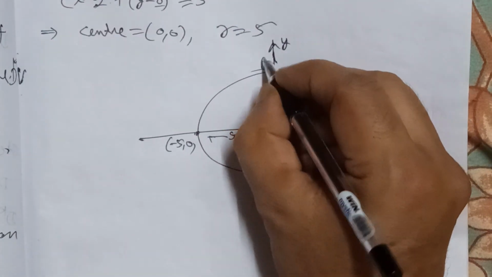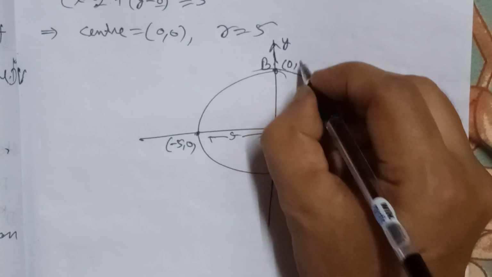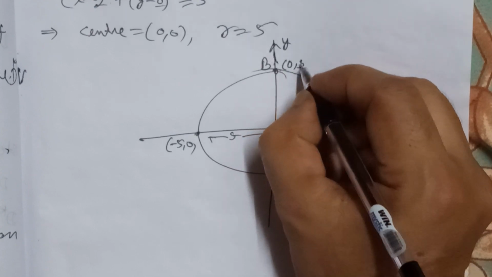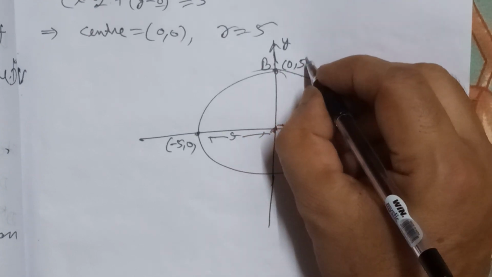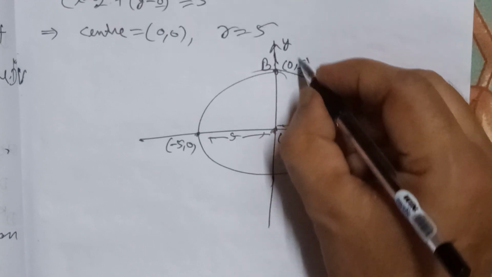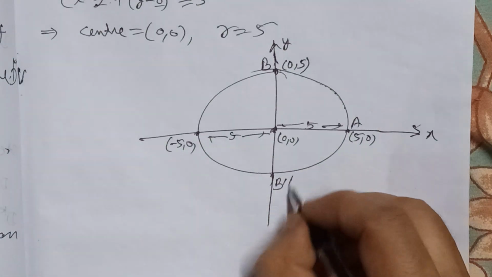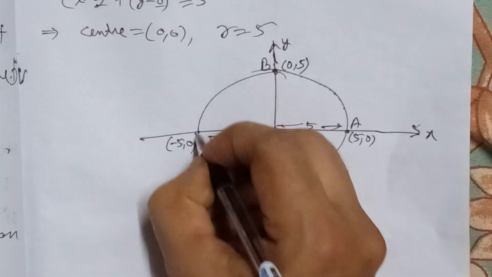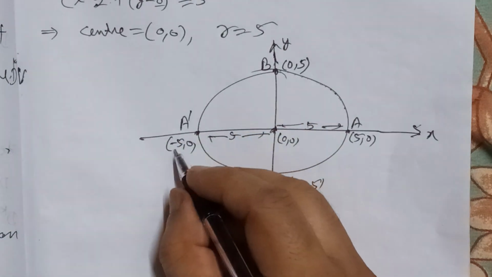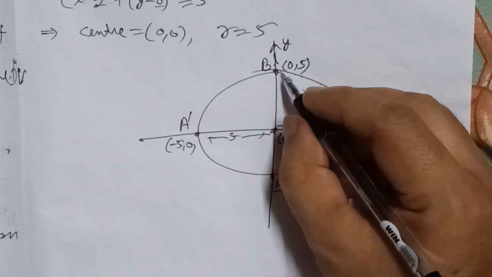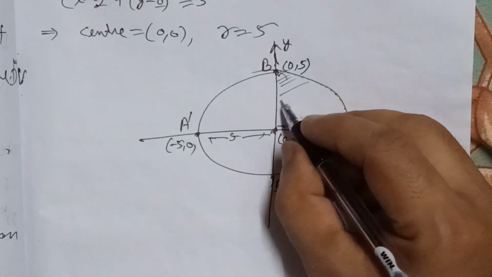The coordinate of this point B dash is (0, minus 5) and the coordinate of this point A dash is (minus 5, 0). We have to integrate in this region.